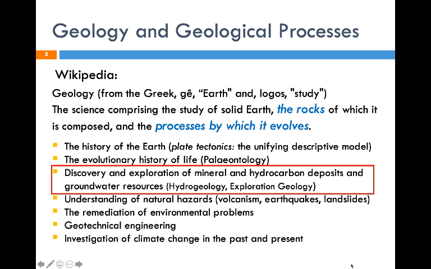I wouldn't be surprised if by now more geologists work in the groundwater business than in the mineral and hydrocarbon business. So hydrogeology is becoming more and more important. And also these two fields, remediation of environmental problems, that is something where geologists can help, and the engineering field.